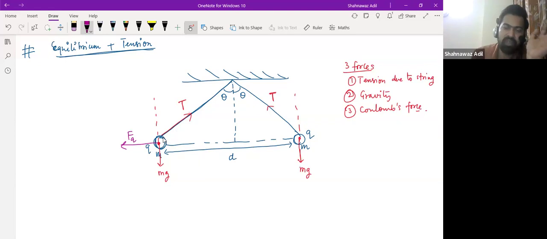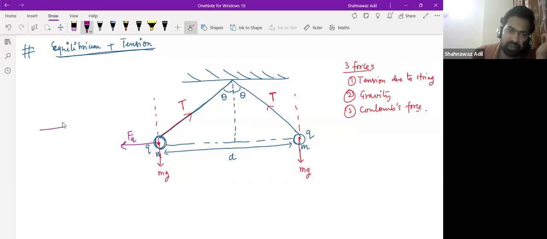So this mg, tension is with some angle. So we can resolve this tension in two parts, right? Yes, sir. I'm saying that mg is along the y-axis. FQ, the Coulomb force, is along the x-axis.